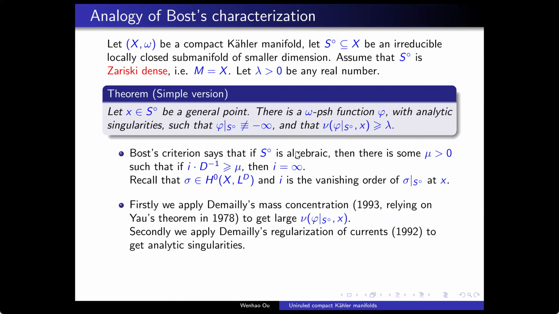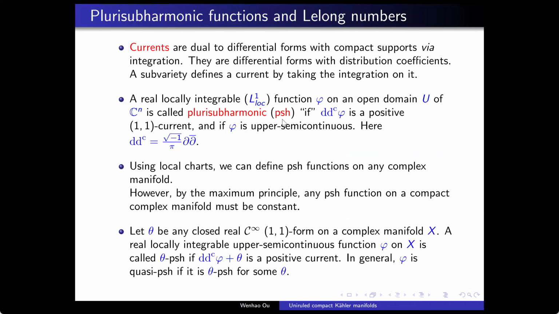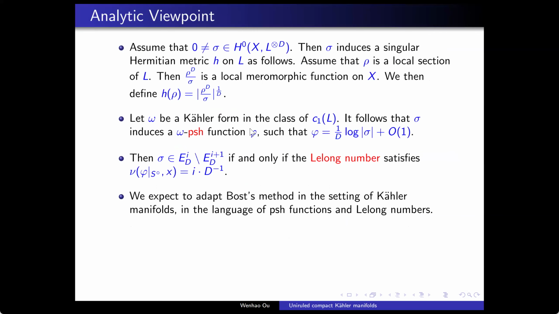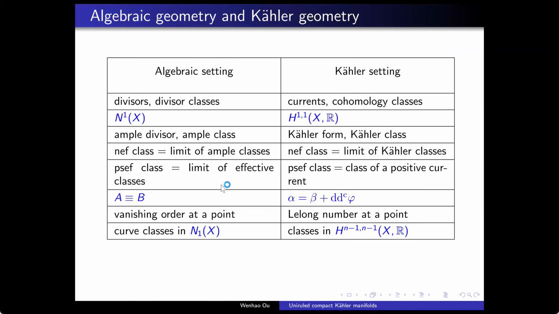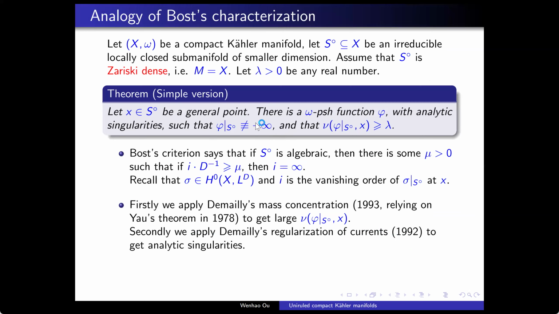And with our previous dictionary, L becomes omega, and sigma becomes phi. And phi restricted to S0 being minus infinity entirely just means that sigma is entirely zero along S0.